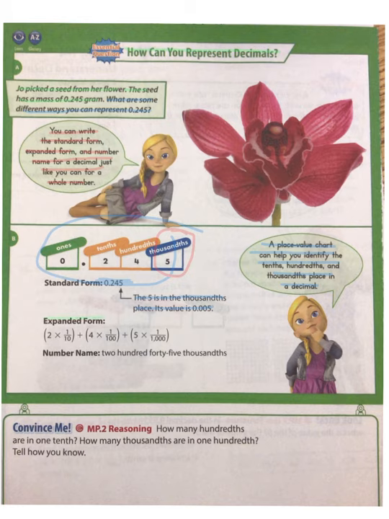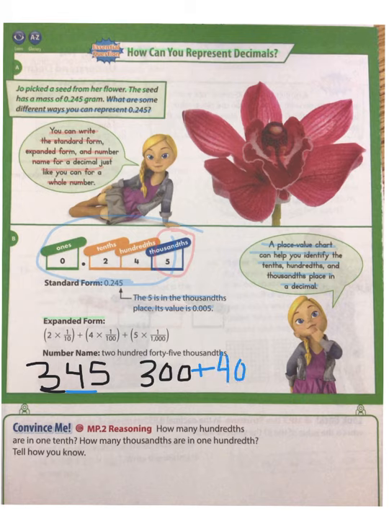For example, if you were going to write a whole number in expanded form, let's just say we had the number 345, we would say 300, because this digit 3 is worth 300, plus the 4 is worth 40, plus 5 because the 5 is just worth 5 wholes.